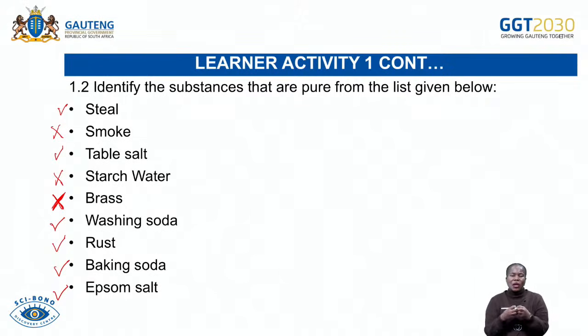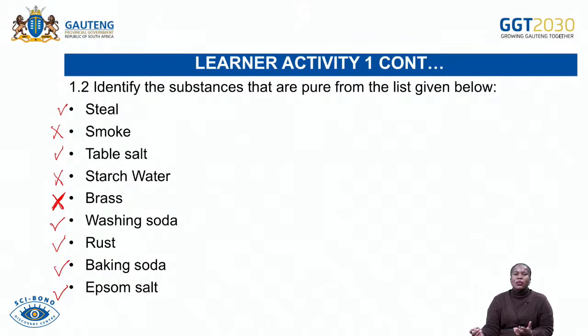So you have to be able to differentiate between a pure substance and a mixture of things. For example, let's take from our list table salt.